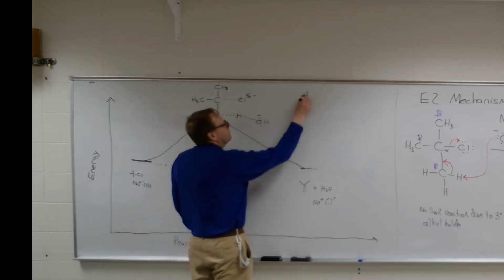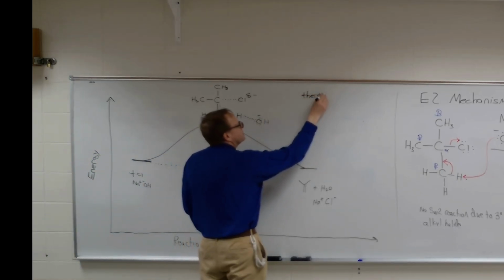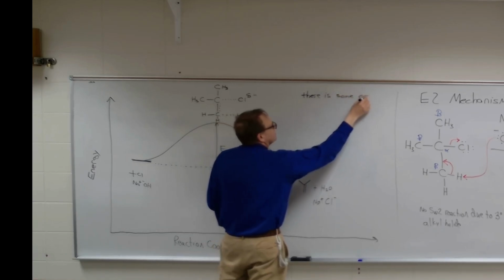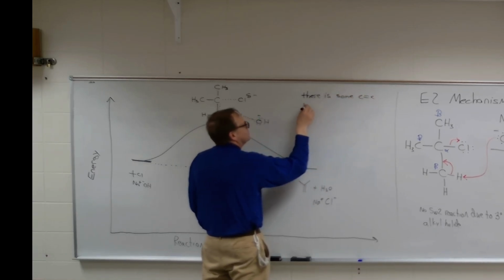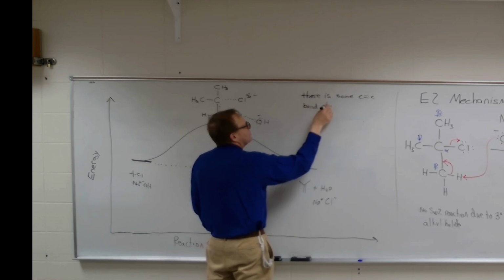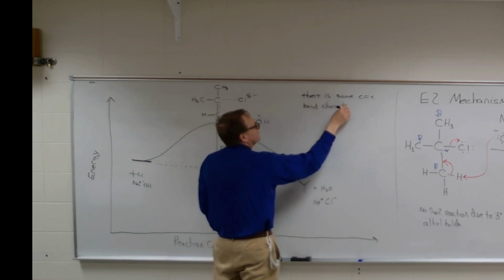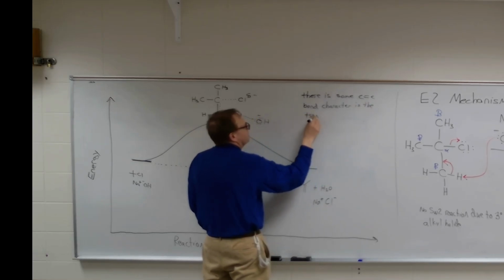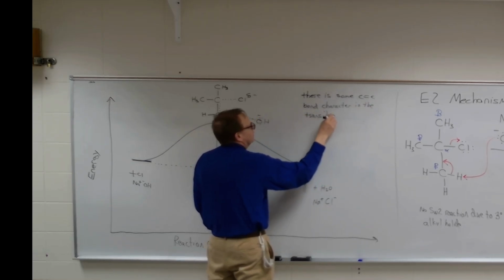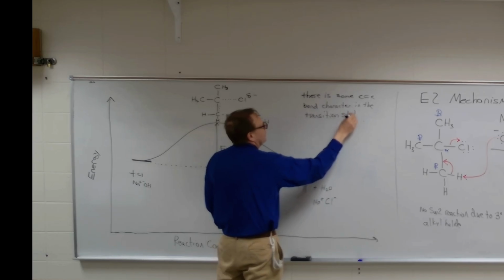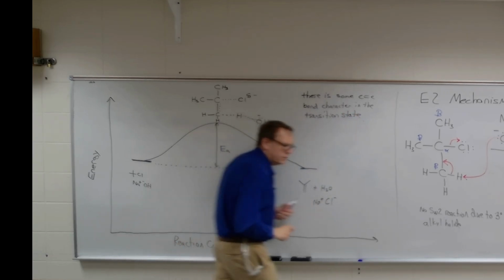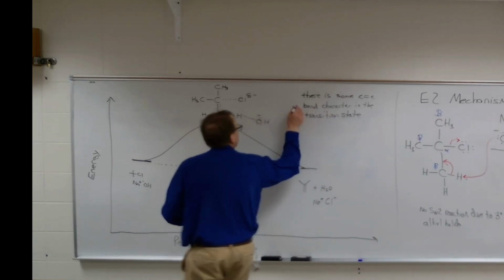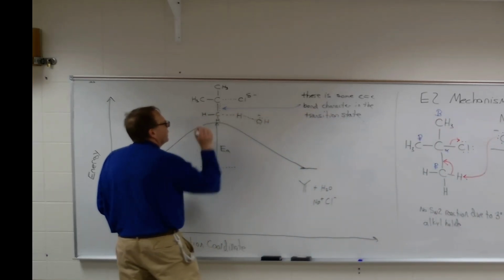So what I want to just say before we leave here is there is some CC bond character in the transition state. And I'm going to point to it with a blue arrow just so you are sure later what I'm talking about right there.